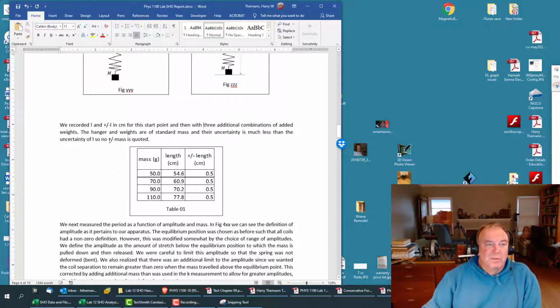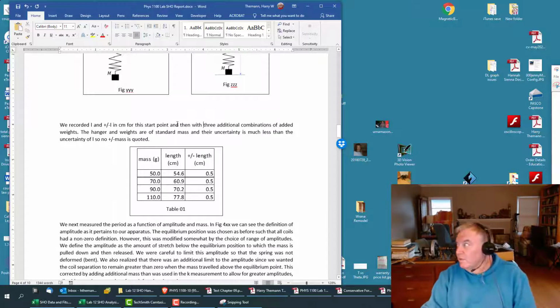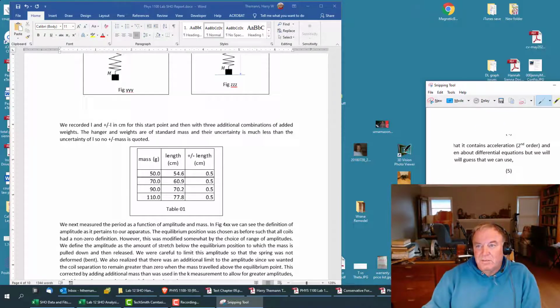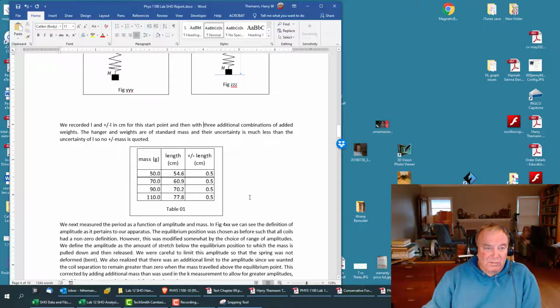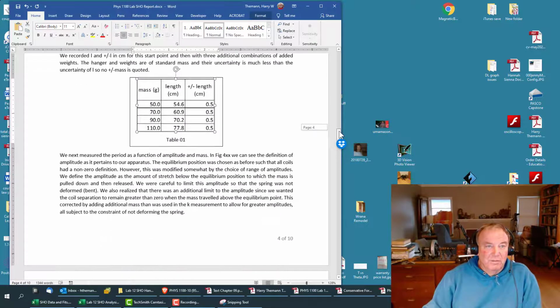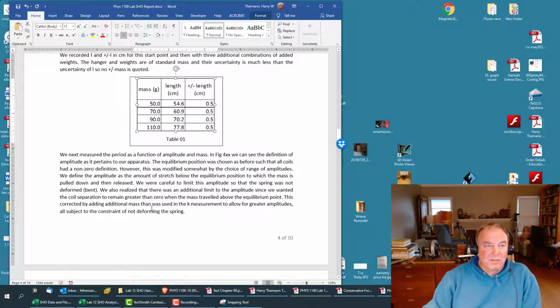But there's no reason to quote a plus minus on the mass because we didn't really weigh them ourselves, and the quoted uncertainty from the factory is so much smaller than any uncertainty in our measurement. We decided not to bother listing it. So I think this plus or minus 0.5 here, half a centimeter, it's not that optimistic, I guess.